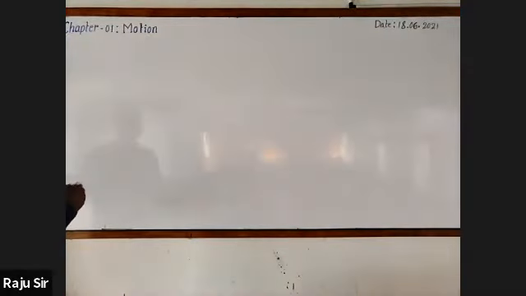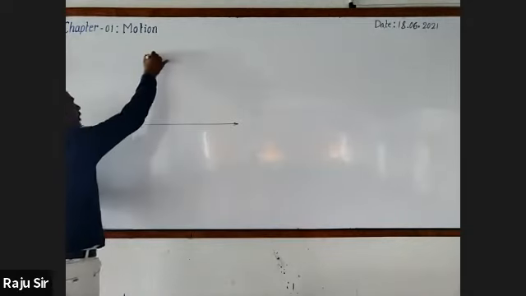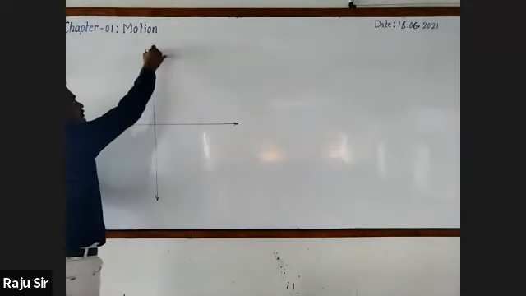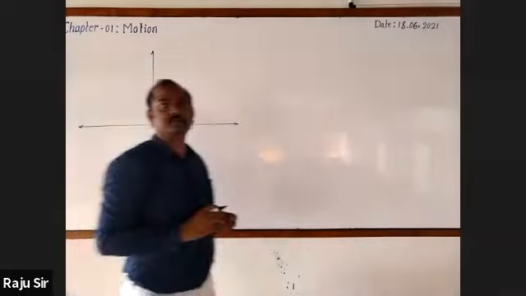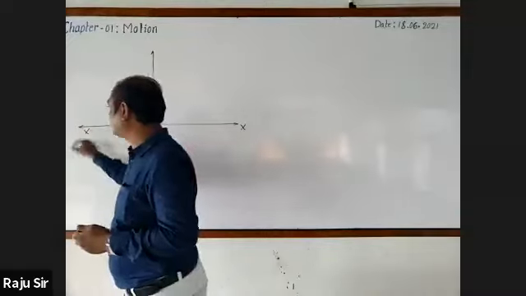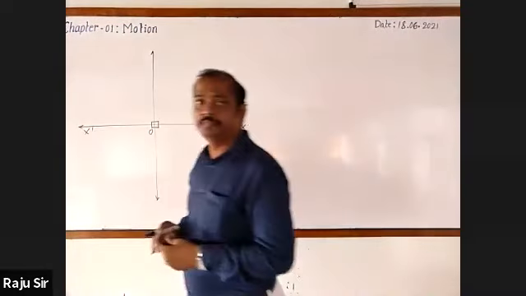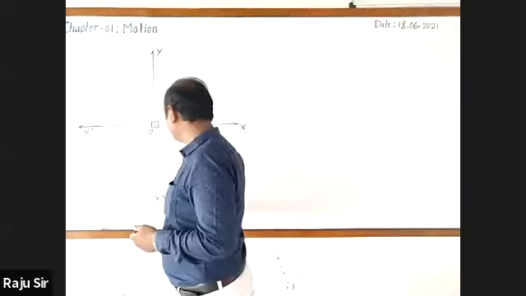In this Cartesian plane, I am going to draw the horizontal line and also the vertical line. These two will intersect at a point at right angles to each other. So what do you call the horizontal line? It is called X-axis, and is denoted as X dash X. Then the vertical line is called Y-axis, Y dash Y.